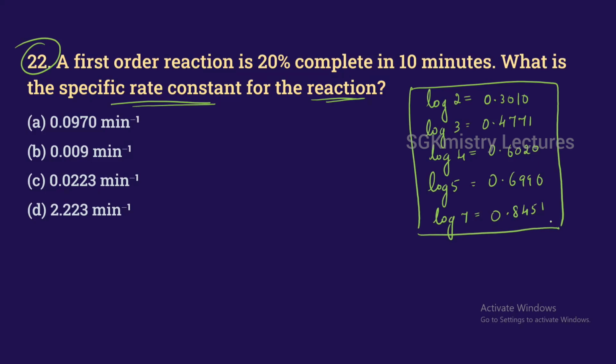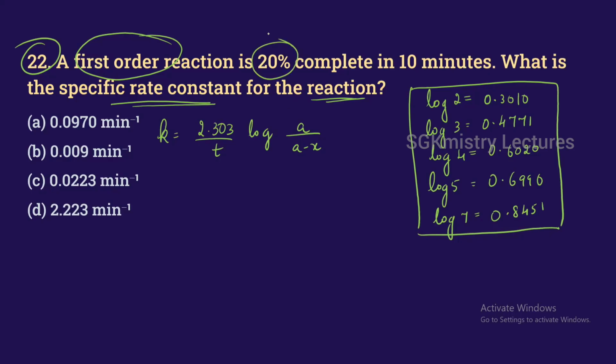Now let us try to solve the question. First order is mentioned. So we know the equation K is equal to 2.303 by T log of A by A minus X. A is the initial concentration. A minus X is the concentration of the reactant at time T. Now, first order reaction is 20% completed.